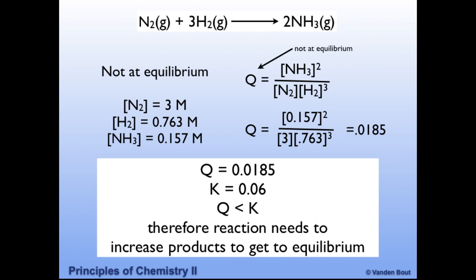That's going to make Q smaller than K, and therefore the reaction needs to move towards the product side to go back to equilibrium. Conversely, if I'd added products, I would have made Q larger than K because I'm putting something on top of the mass action expression. And so you can see that for all of these, adding reactants or removing reactants or adding products or removing products, it's the same question as Q versus K, and we can just remember it in terms of Le Chatelier's principle.